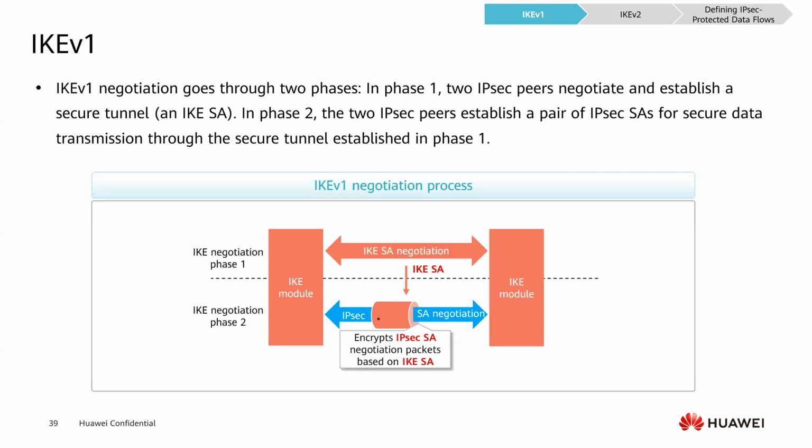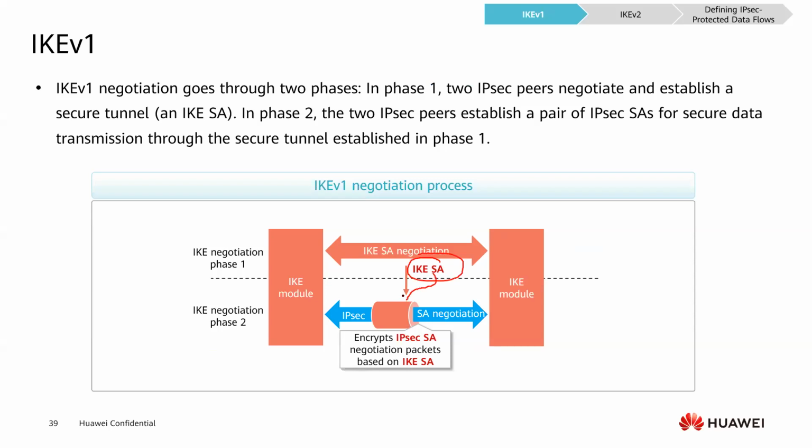First, let's talk about IKE. IKE has two versions, version 1 and version 2. No matter which version is used, IKE has two jobs to do. First, it needs to create an IKE SA.